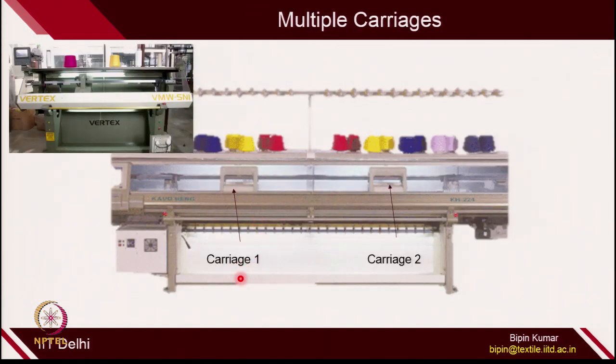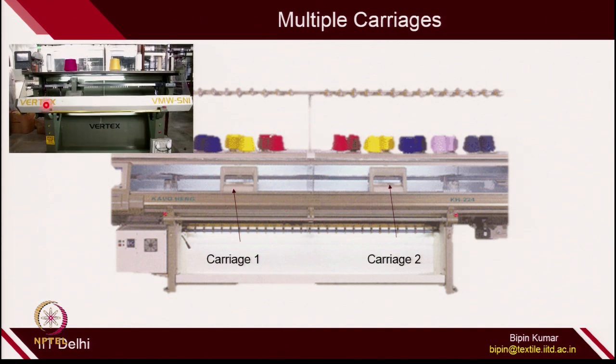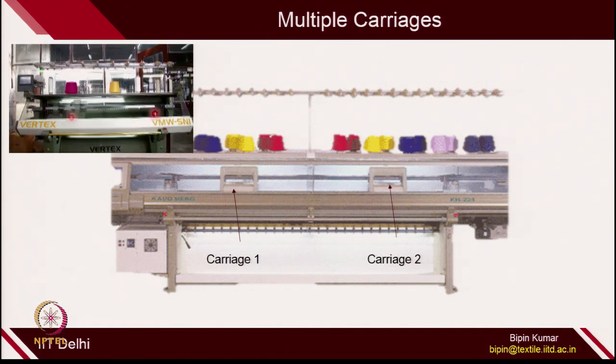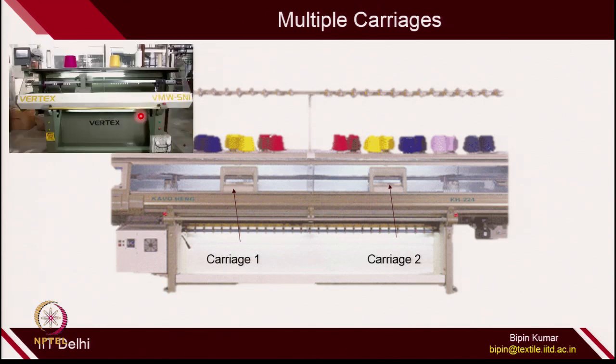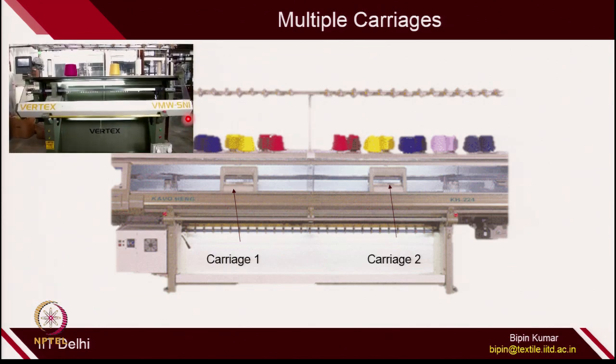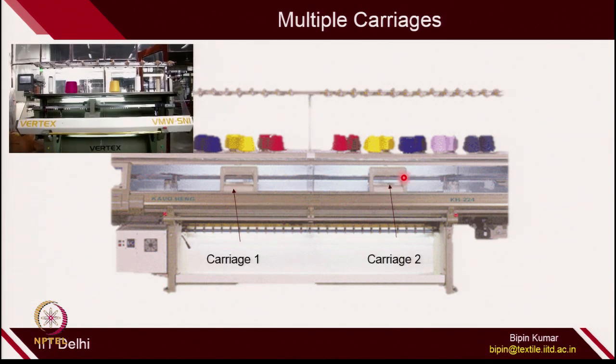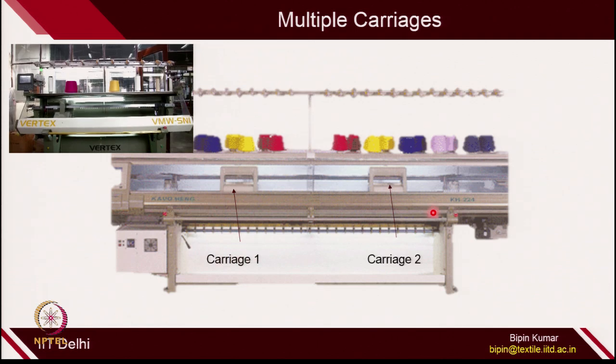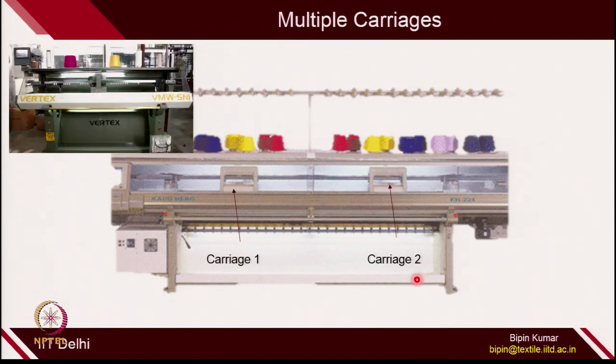The other innovation from the productivity point of view is the number of carriages. On one of the machines I just showed you the video. Here one carriage is moving, and some portion of the bed is not working at all. If you want to increase the productivity, you can play with multiple carriages on the same bed. One carriage will be making one set of fabrics, and the other carriage will be making another set of fabrics.